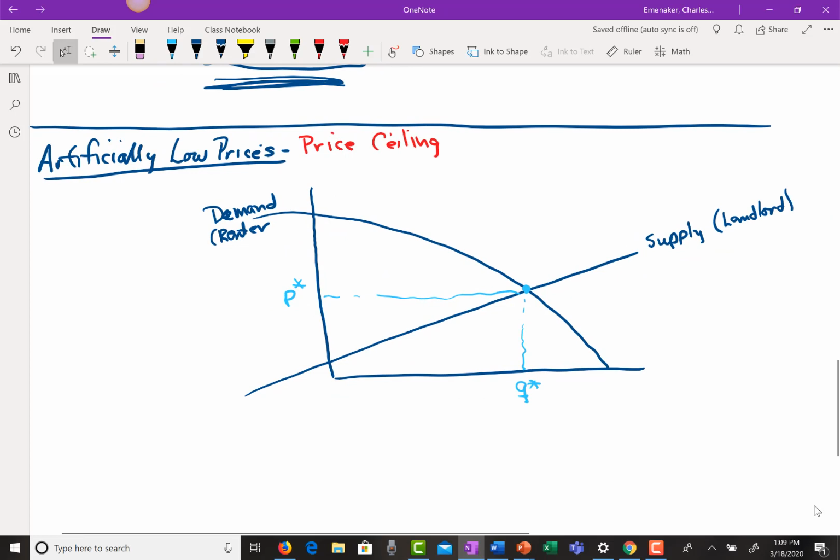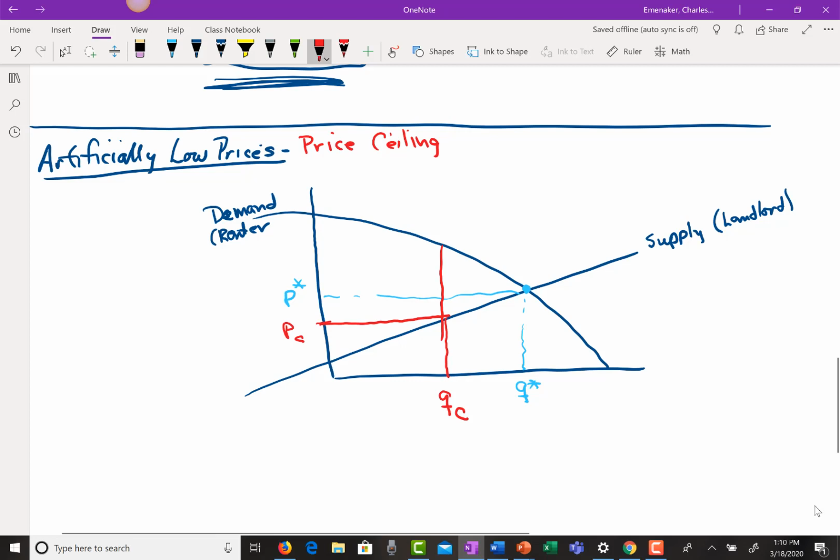So they create what's called a ceiling price, we'll call it P sub C, and where things wind up settling in now is we have this being the number of apartments that landlords are willing to provide at this price. Now, in setting things artificially low, a couple things happen.